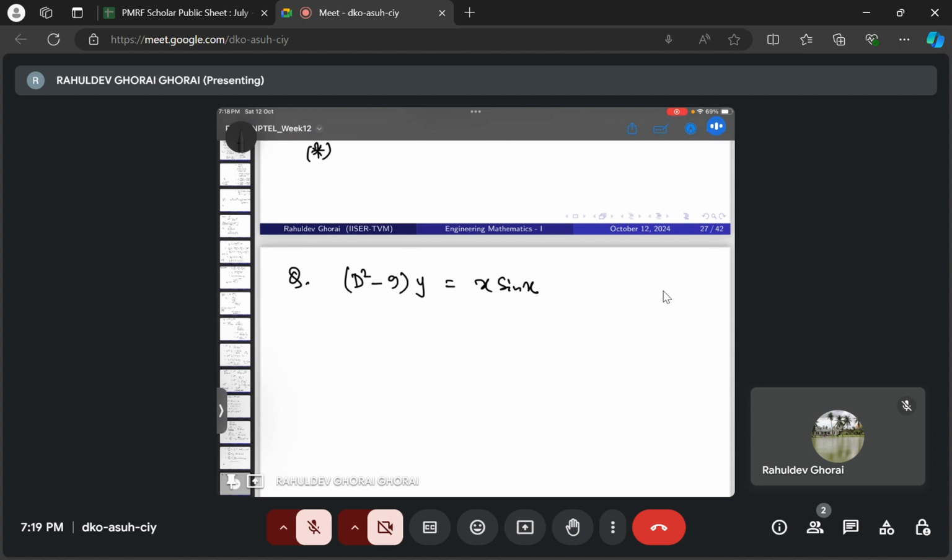So x times some other function. If you have f(D), then x times e to the power something, how do you write this one? Do you know this?